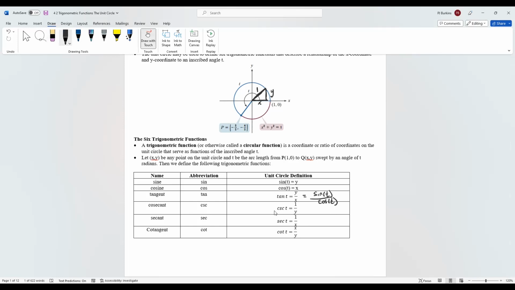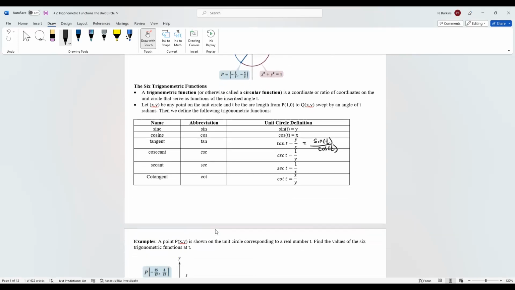So it's 1 over the sine, which is how you get 1 over y. Secant is related to cosine. So it's 1 over cosine, or 1 over x. And then finally, the cotangent, which is related to tangent. So it's 1 over tan, which would just give you the reciprocal of that, which is x over y. So those are all of our trig functions.